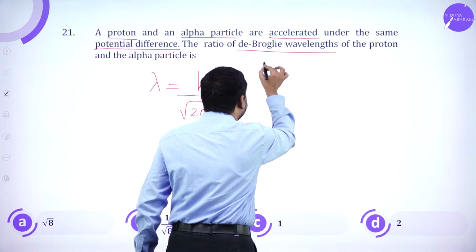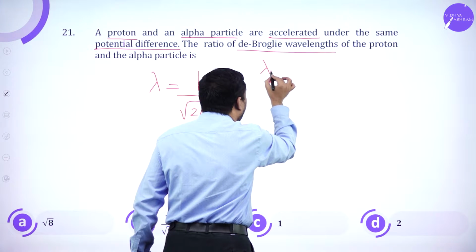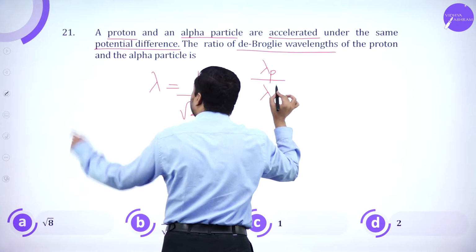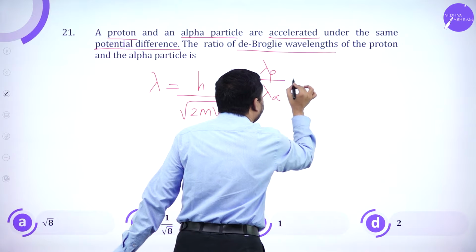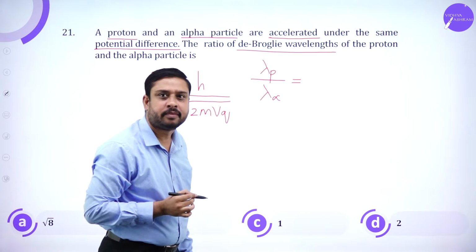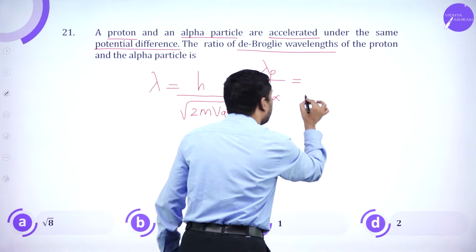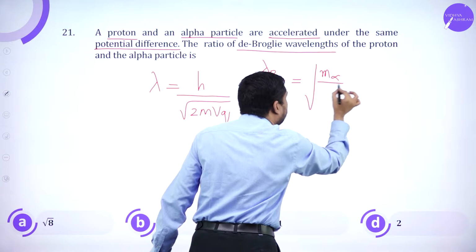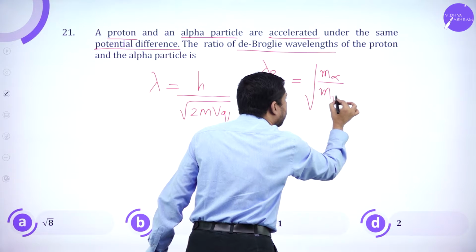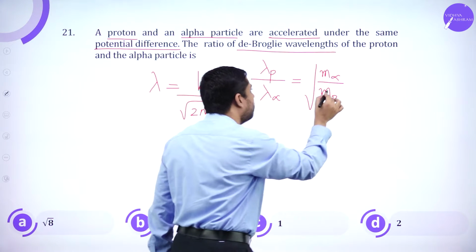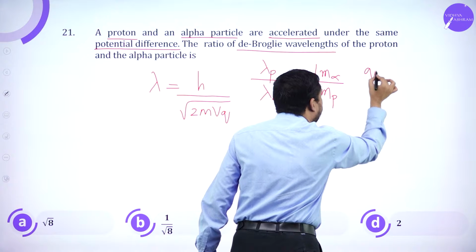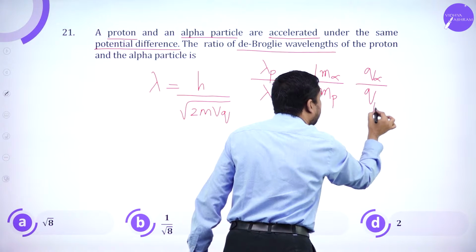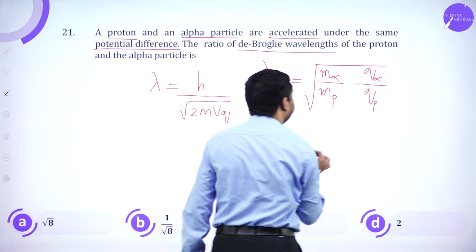So I have to find the ratio of the wavelength of the proton to the wavelength of the alpha particle, which will be root of mass of the alpha particle divided by mass of the proton into charge of the alpha particle divided by charge of the proton.